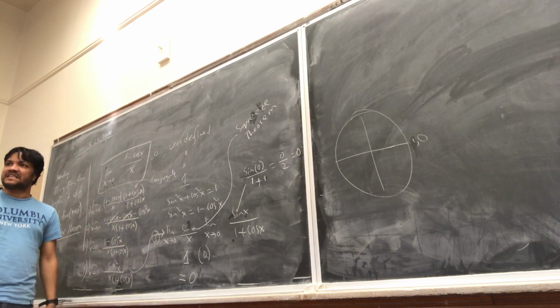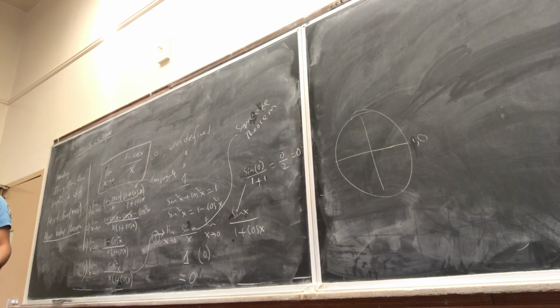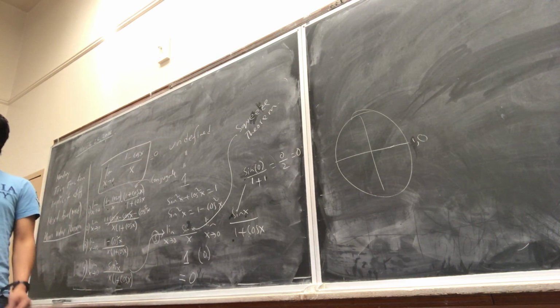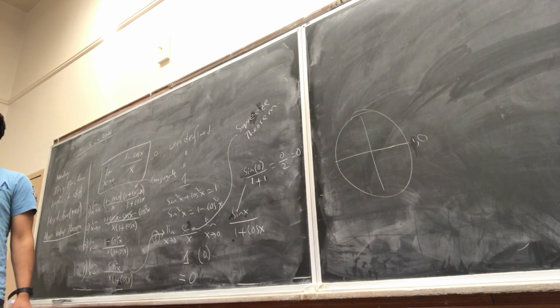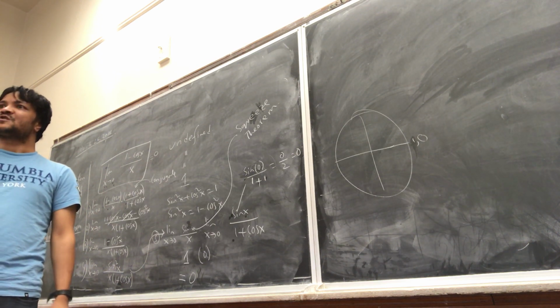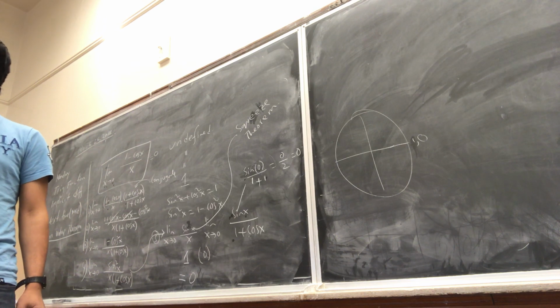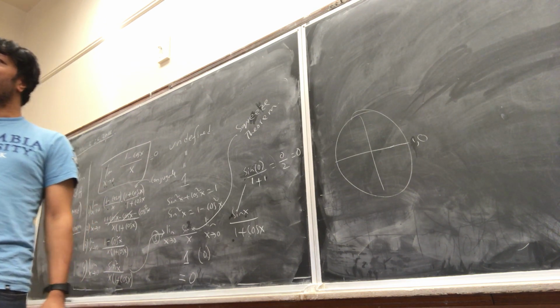If you apply physics, then you will understand it better. For example, cosine 0 degree means that you apply the force and all the force is acting in the x direction. No force is acting in the y direction.